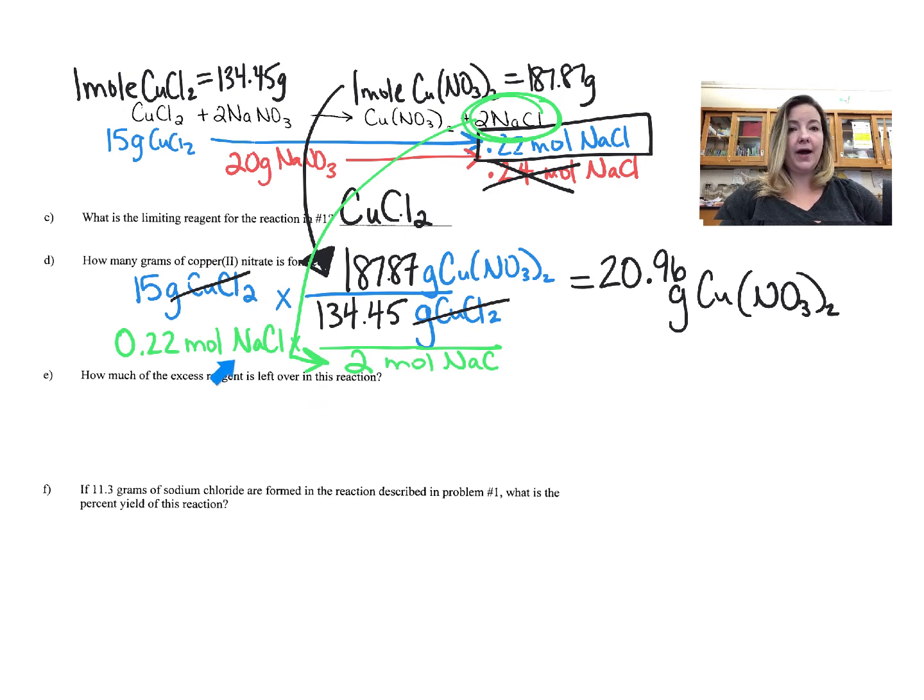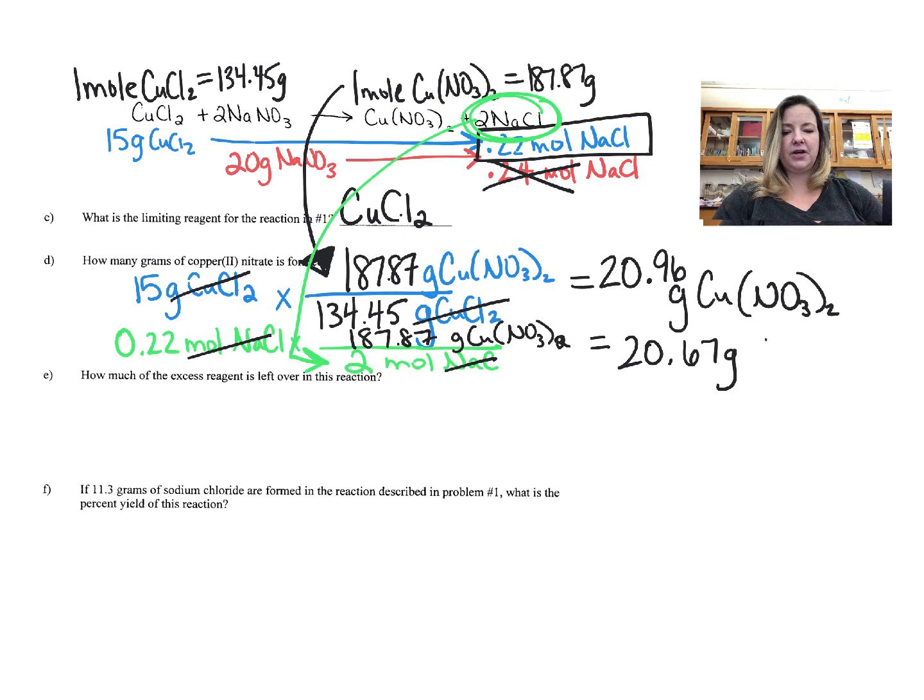So I'm going to put 2 on the bottom. And again, I want to find out how many grams of copper nitrate are formed. So I'm using that molar mass because my balanced reaction says that I need 1 mole of copper nitrate. So on the top, I put my 187.87 grams. When I calculate that, I get 20.67 grams of copper nitrate are formed.